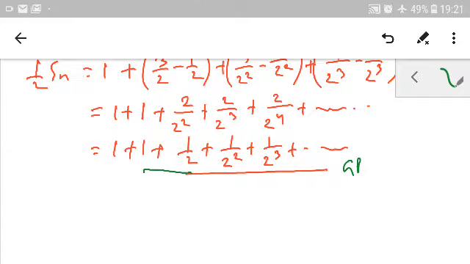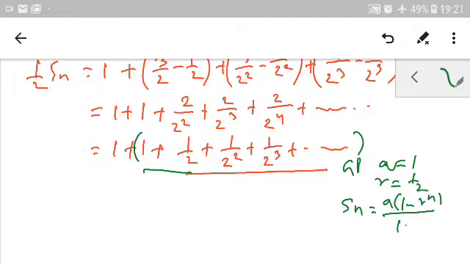From here to here let us take the GP. So here I can write it in this way also: a equals 1 and r equals 1 by 2. Therefore Sn equals a into (1 minus r to the power n) divided by (1 minus r).